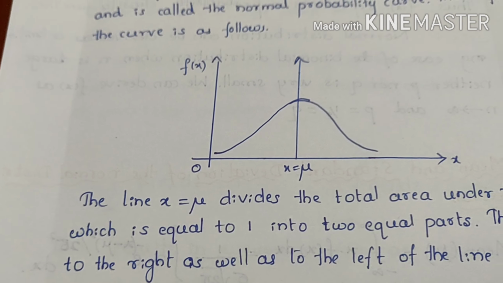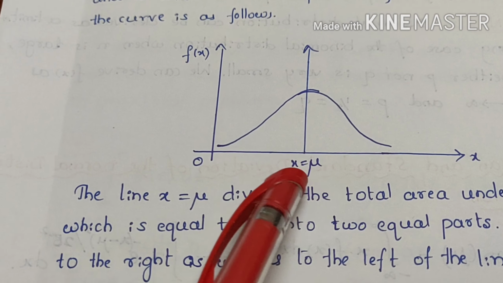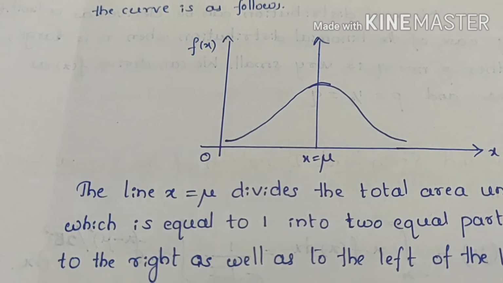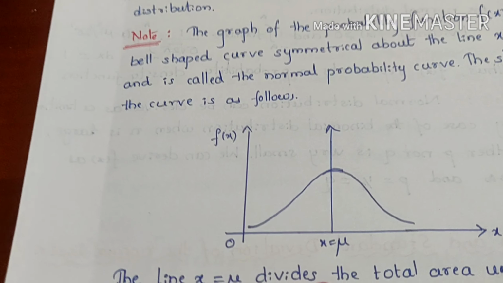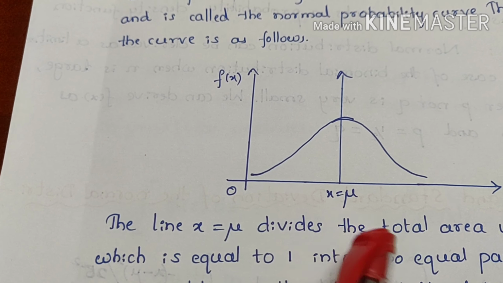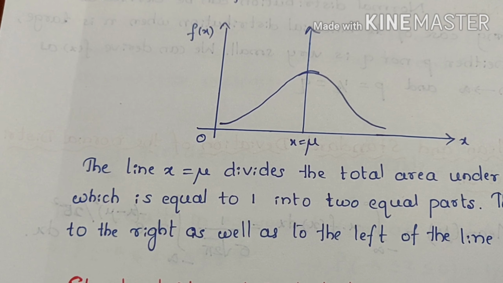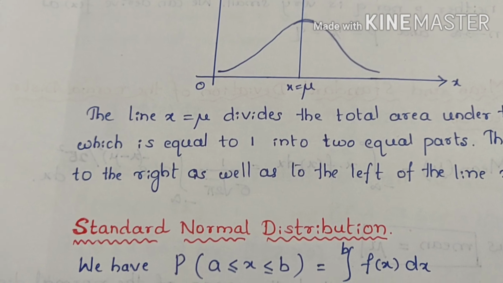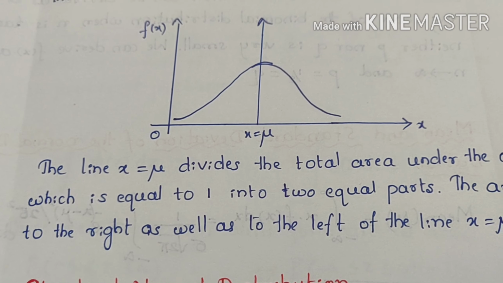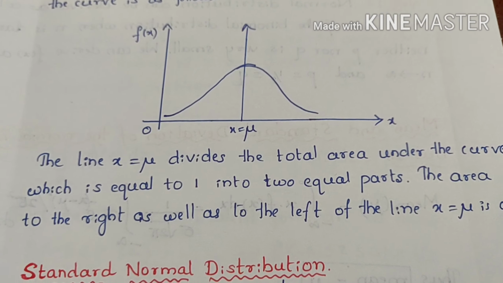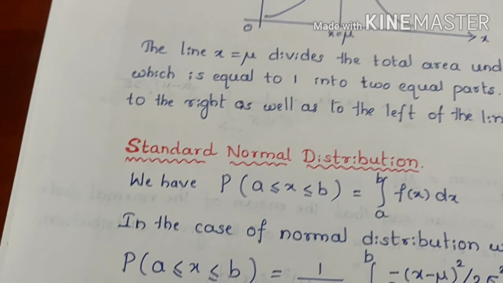Along the x-axis is mu, and the y-axis is the function. So x equal to mu divides the area of this curve into two equal parts. The total area is 1, which means both the left and right of x equal to mu are always equal to 0.5.